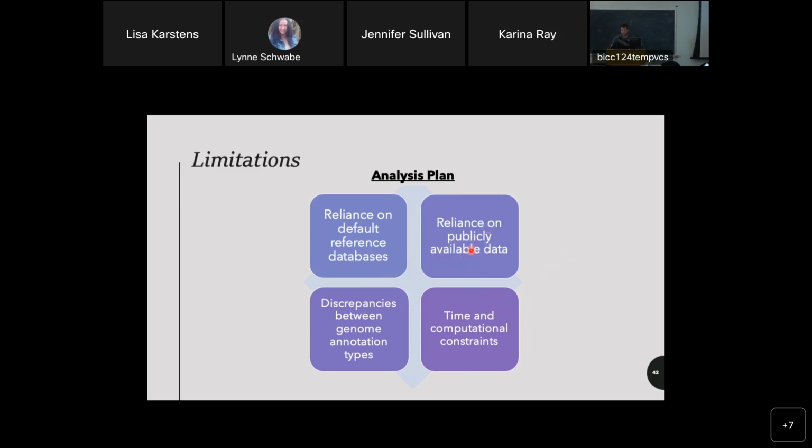Additionally, I relied on publicly available data, which resulted in gaps in age, as well as gaps in representation of different diets and gaps in representation of different ethnicities. And all of these factors are known to have a significant effect on the composition of the gut microbiome.